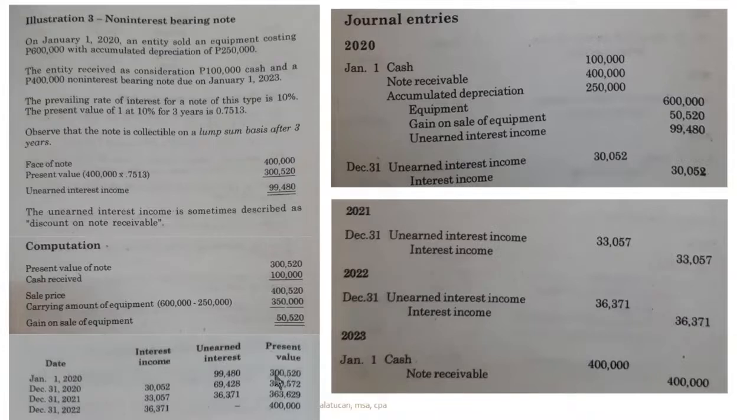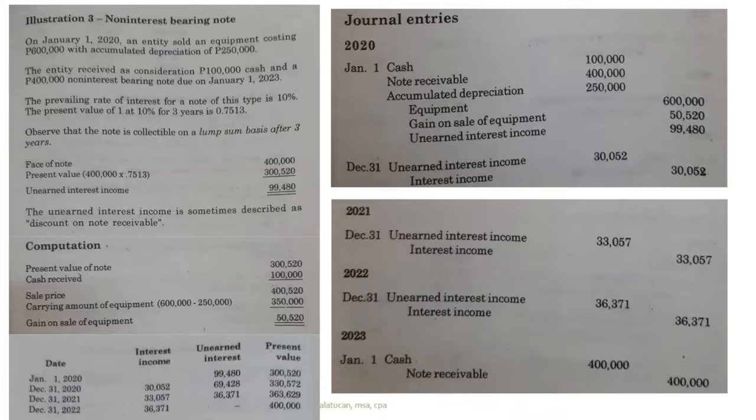So balik, 300,520 plus 30,052, that's 330,572. And 330,572 times 10%, that's 33,057. And 33,057 i-add sa 330,572.